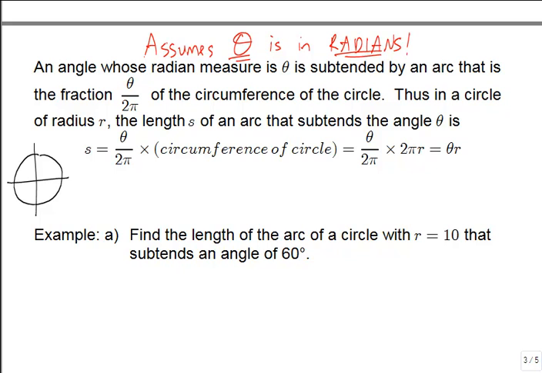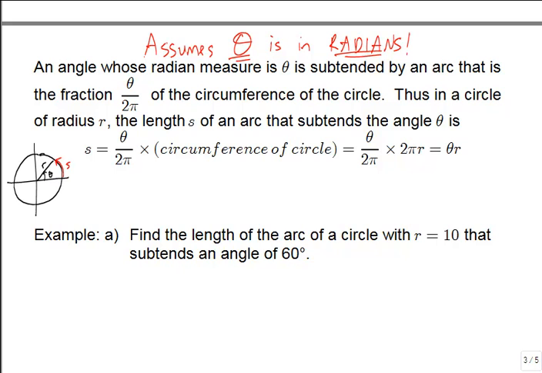We have a circle. This time it's just a general circle with a generic radius r, not necessarily a unit circle. The theta is this central angle here with its vertex at the origin and its initial side on the positive x-axis. And the arc length is going to be this piece right here, this length along the edge of the circle.